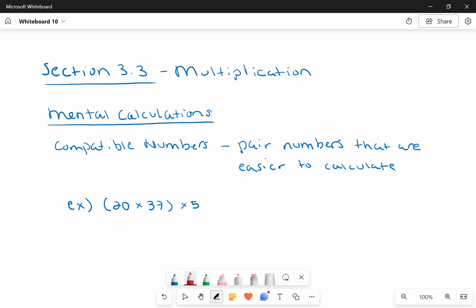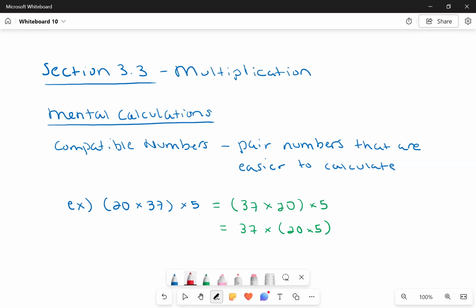Now, really quick, technically I would need to use some number properties to actually do this. I would first use the commutative property to swap the 37 and 20, and then the associative property to regroup the 20 and the 5 to multiply those together first. But honestly, you don't need to use the number properties like this.